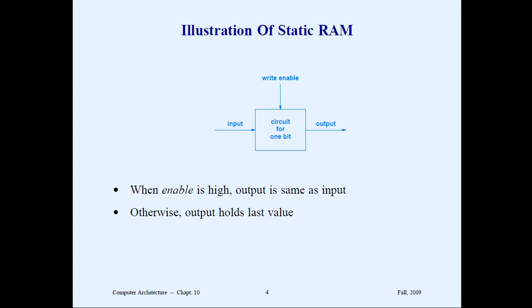The input will come in, saying that it wants to read it. The enable bit will be set to a low value, and it can just read from whatever was previously there. So when the write enable line is on, it records that input value. If it is off, the circuit holds the same value. So this is the idea of a read and write on the static RAM.